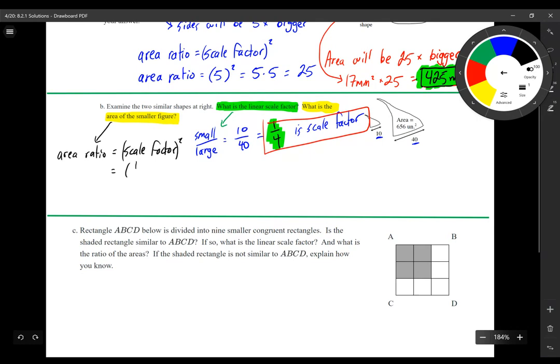That means that 1/4 squared is 1/16. So even though the shape has sides that are 1/4 the size, the smaller shape actually has an area that is 1/16 of the size.